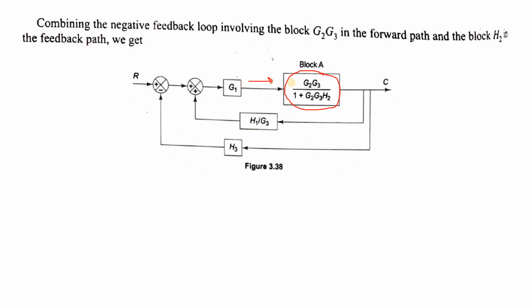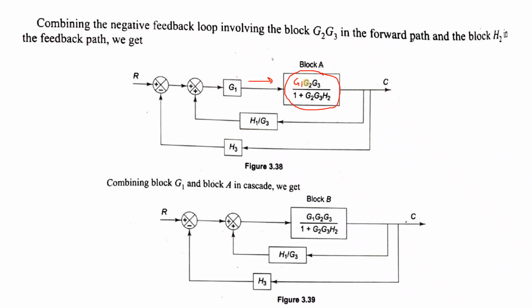Now G1 will be multiplied with G2 G3, so it will go in the numerator only. So the numerator will become G1 times G2 G3. Always remember, if you have blocks in series, block A and block B can be multiplied, so it becomes the AB block.